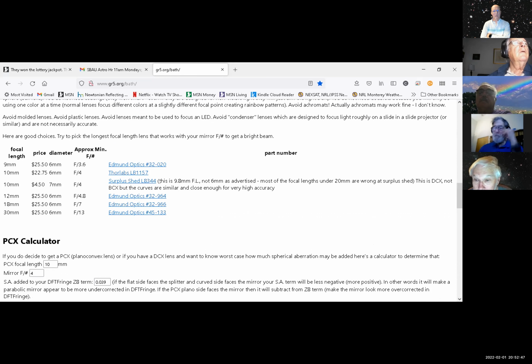I wonder what the limit is for a parabolic mirror, what the f ratio is. Well, the thing is that the shorter the focal length, the more it spreads out to the mirror, and that's why. So for the longer focal lengths, you can get away with a longer focal length lens.